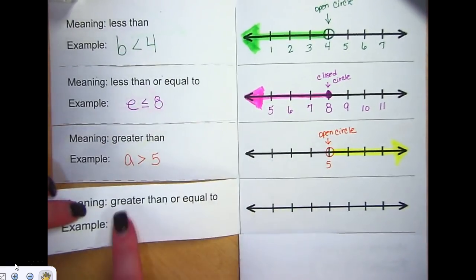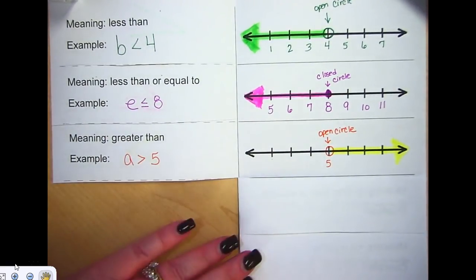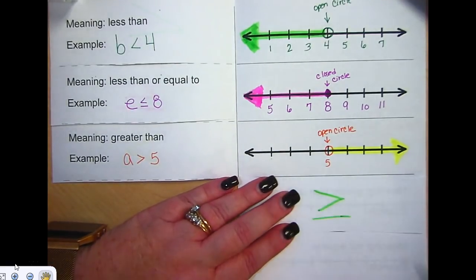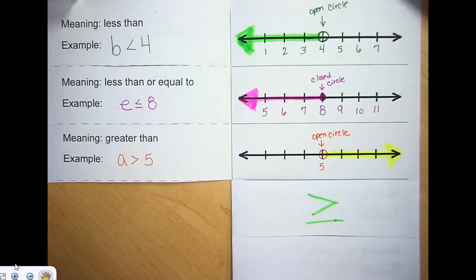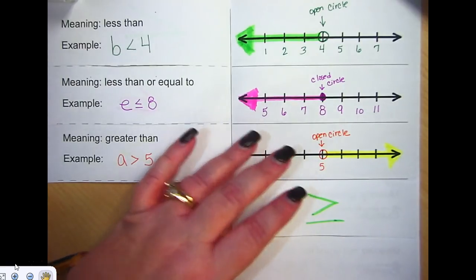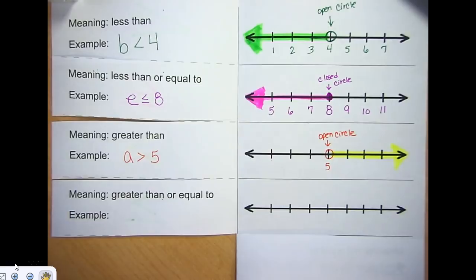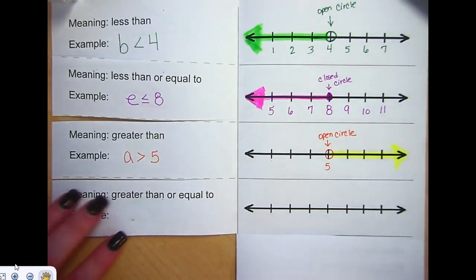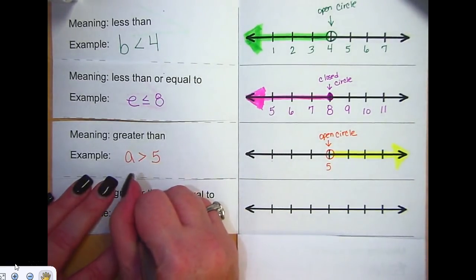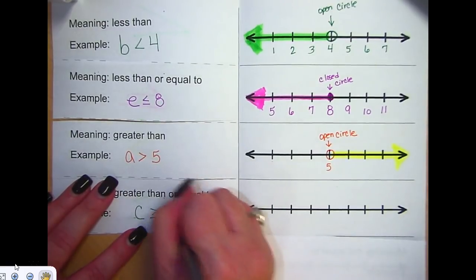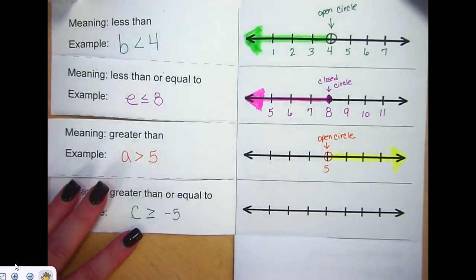It is greater than or equal to. So greater than or equal to looks like that. And the example, let's use C can be greater than or equal to -5.